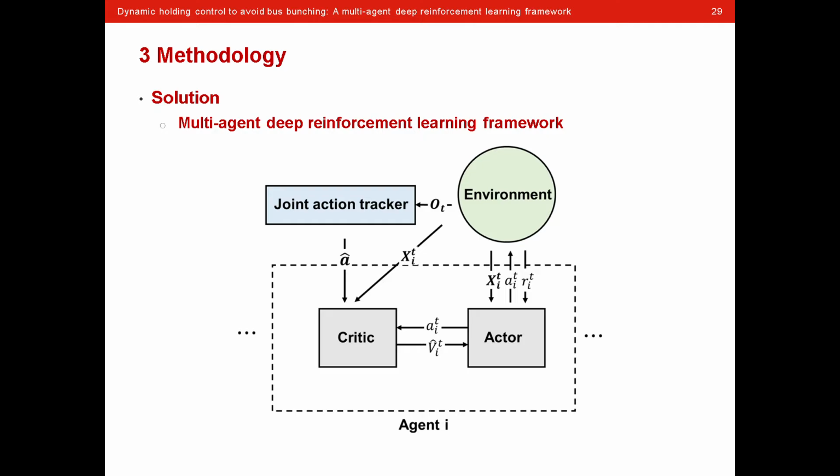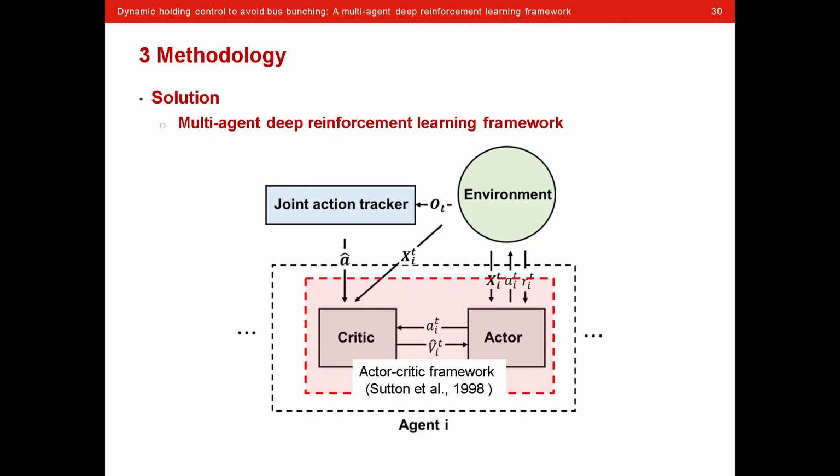Okay, now let's come to the solution to the reinforcement learning problem. Here is the multi-agent reinforcement learning framework. Maybe you already know this is a framework adapted from multi-agent deep deterministic policy gradient, published in 2017, and I have made some modifications to let it fit our problem.